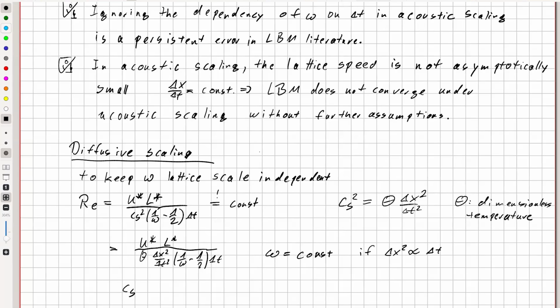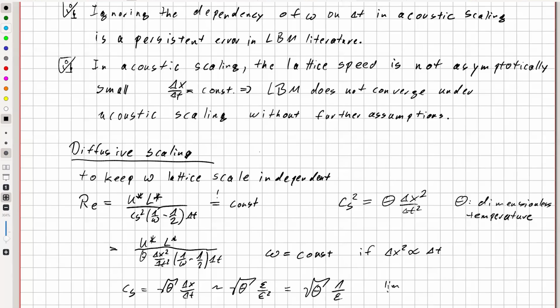And for cs, this now means this is square root of theta dx divided by dt, so proportional to square root of theta epsilon divided by epsilon square, which of course is, sorry, what I'm doing, 1 over epsilon.